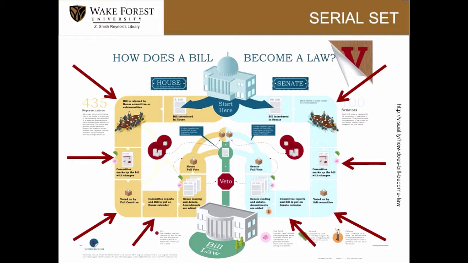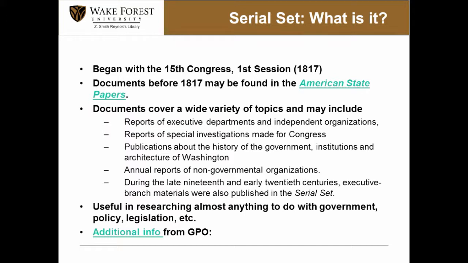So it's really comprehensive. It's a catch-all for a lot of different kinds of information, and it is incredibly rich. You can lose yourself in serial set content, and sometimes this is what people really are looking for when they think that they want hearings.